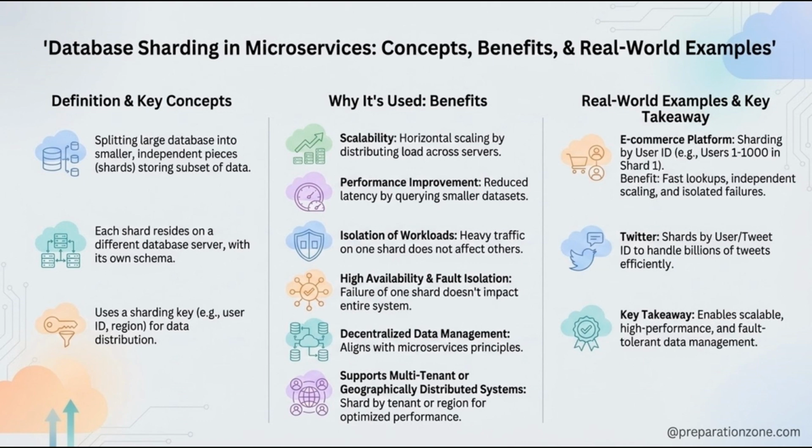A real world example: think of an e-commerce system. User IDs might be split like users 1 to 1000 in shard 1, then users 1001 to 2000 in shard 2. So when a user places an order, the system only touches the shards that hold their data. That means faster lookups, smoother scaling, and better failure isolation.